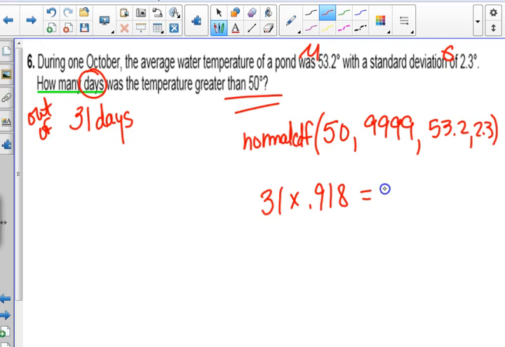What did we get? How many days? Yeah, sometimes in October there can be way above 50, but yes, it could also snow in October in Illinois. You just never know.